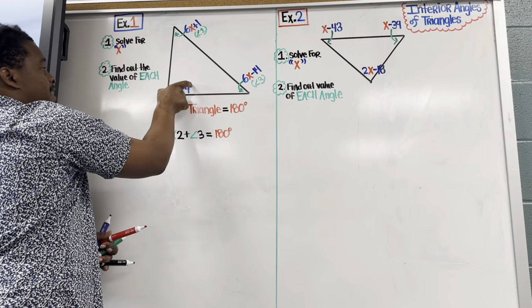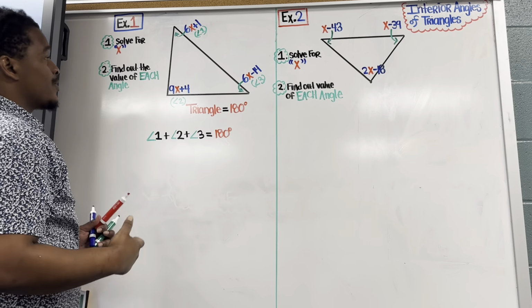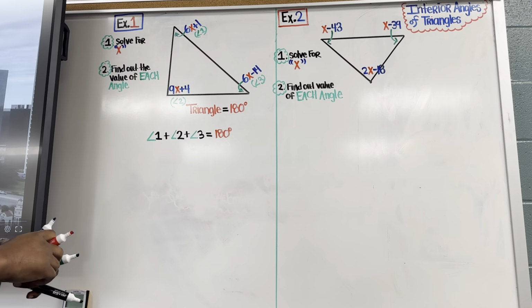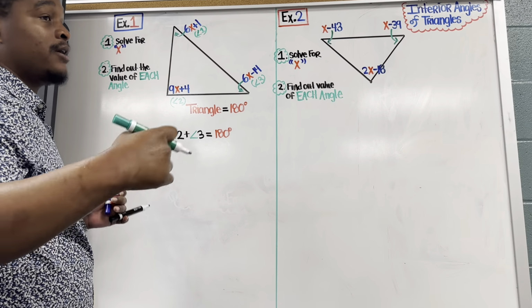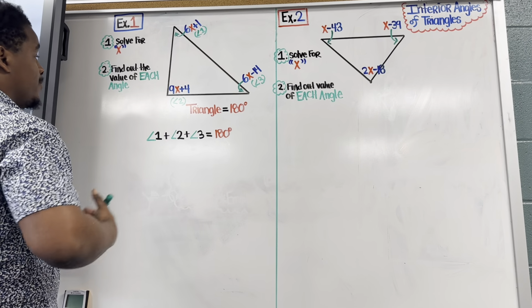So all we're gonna do is combine the expressions that represent each angle. As you can see, each angle has its own expression. Then we're gonna start combining like terms, and we're gonna solve for x.